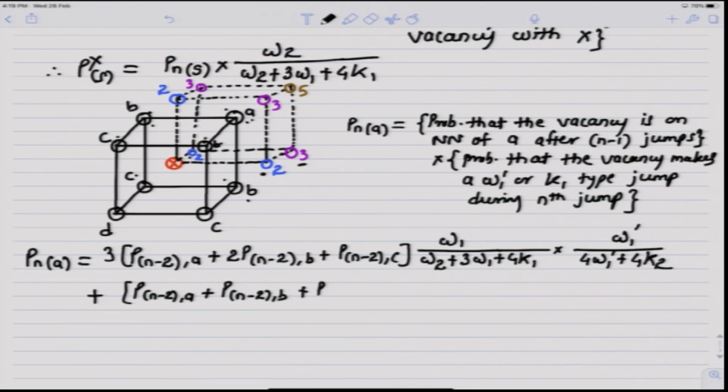So, again P n minus 2 of A plus P n minus 2 of B, and for this it should have been either on this A or this B. So, this should be P n minus 2 of A plus P n minus 2 of B times the probability that on the n minus first jump the vacancy exchanges from, let us say, this type A to type 3 atom.